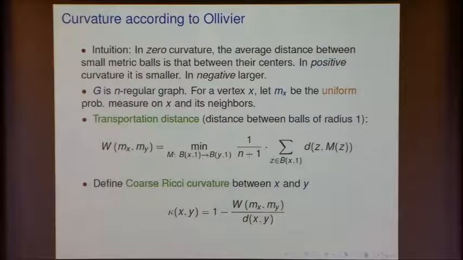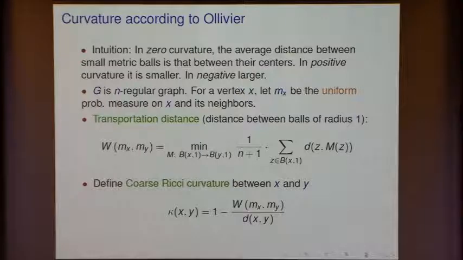Right, so we define this notion, Ollivier defines this notion of coarse Ricci curvature between x and y to be this. This is kappa between x and y. This is a function on 2 points. This is 1 minus the average distance between the balls divided by the distance between the centers.